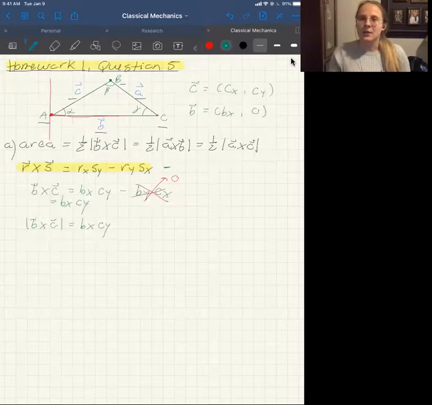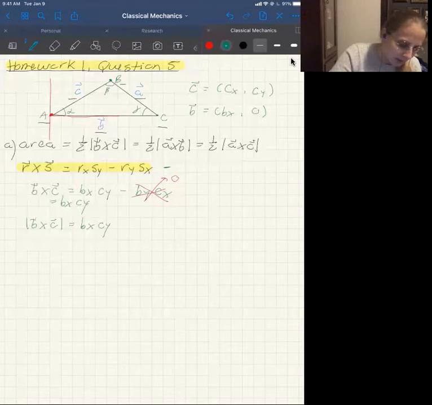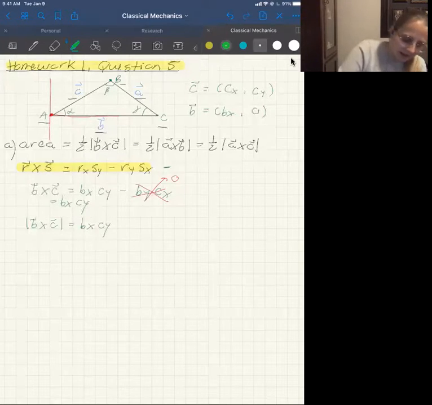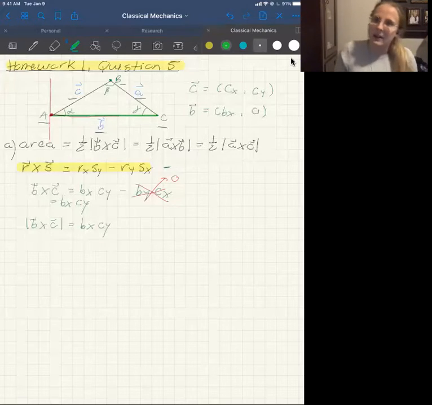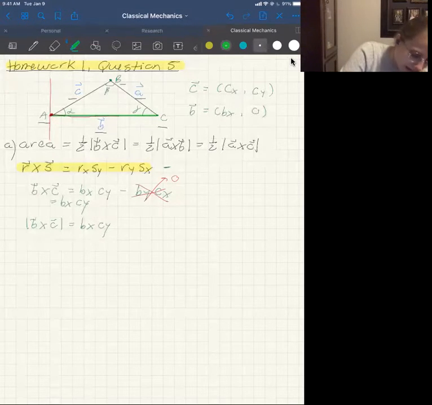So what that means is that the cross product of b times c is equal to bx cy. But physically on the triangle, what does that mean? If we look at the triangle here, bx would be the x component of the vector b, or the base of the triangle here, and cy would be the y component of vector c. So if I go to the end of vector c and I go straight down, that's cy.